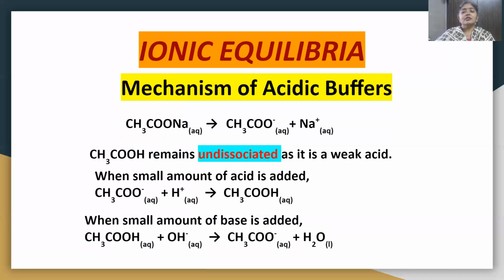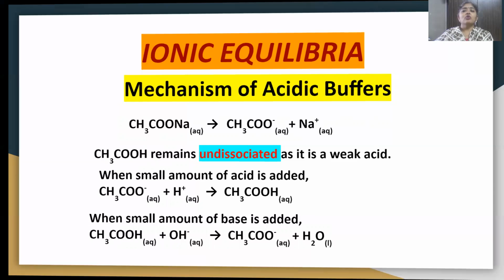When I'm adding a base, the OH minus ions are consumed by the acetic acid and converted into acetate ions and water. That means the hydroxyl ions are neutralized to water, and therefore again there is no change in pH. And when I'm diluting the solution, the ratio of salt to acid in the Henderson-Hasselbalch equation remains the same, and therefore there is no change in pH.